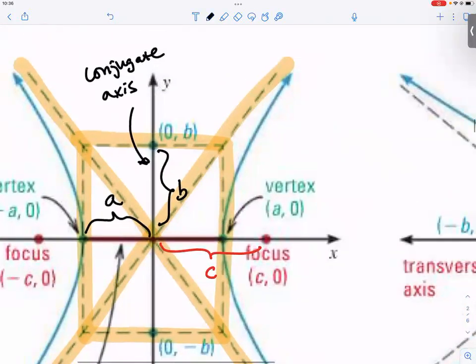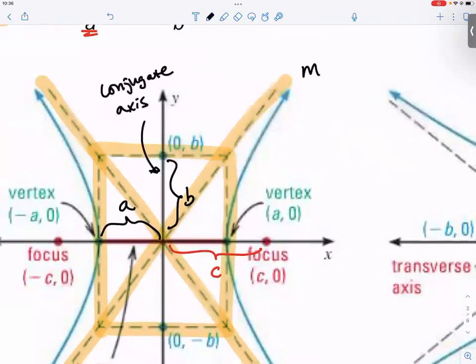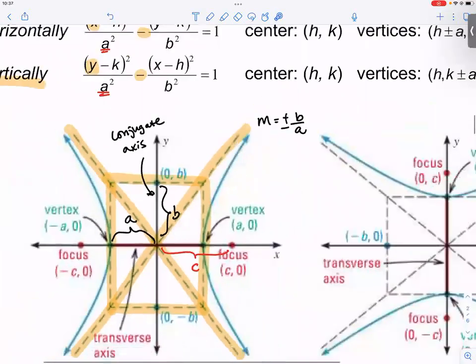So the slope in this case, you can write it on the paper, would be plus or minus b over a. Now, please do not memorize this. It will drive you crazy. So instead, just focus on drawing a good picture and let the picture tell you what the slope is. Okay, again, the rise is a b value, the run is your a value. Therefore, you have rise over run, b over a, plus or minus.